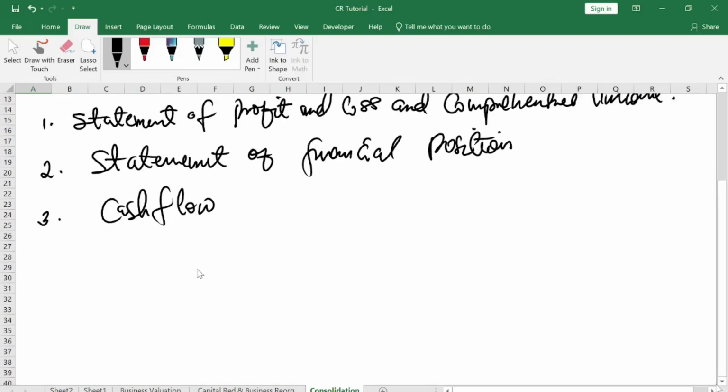Now, when you look at what we call IFRS 3, IFRS 3 is business combination.